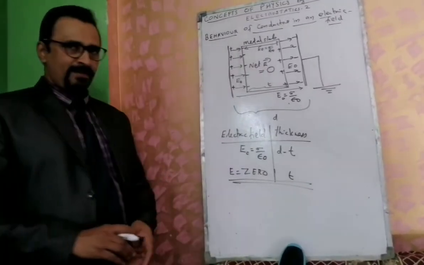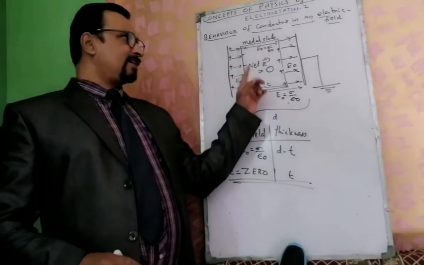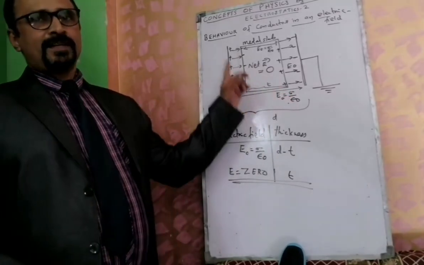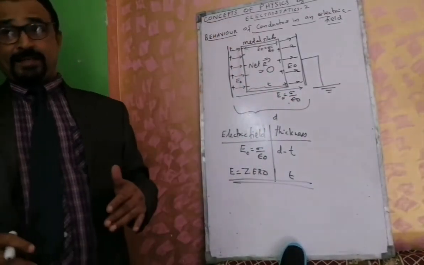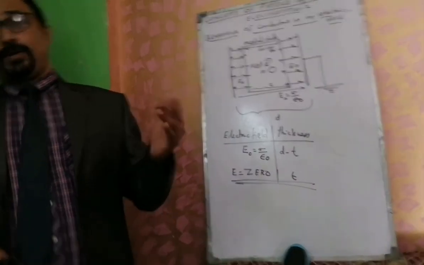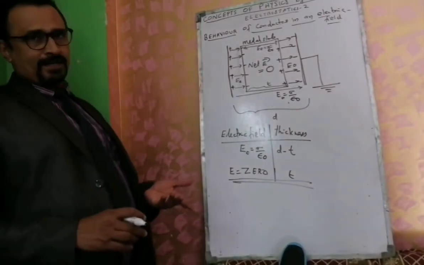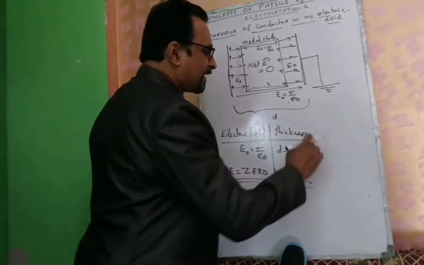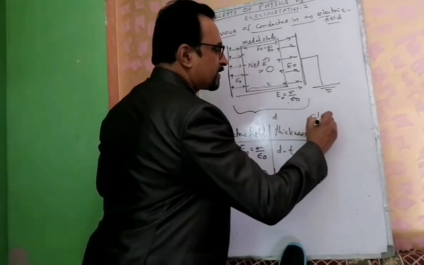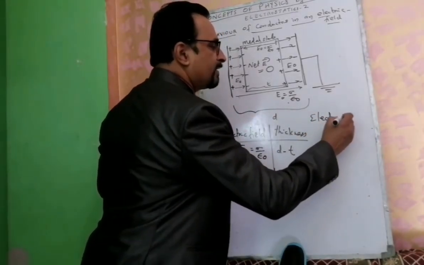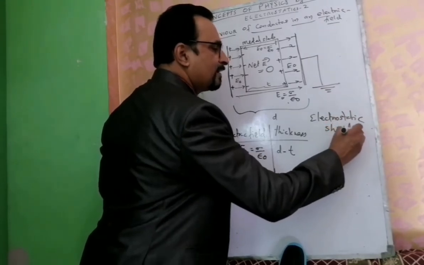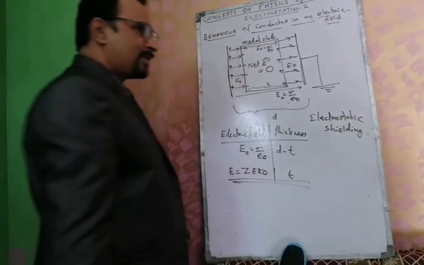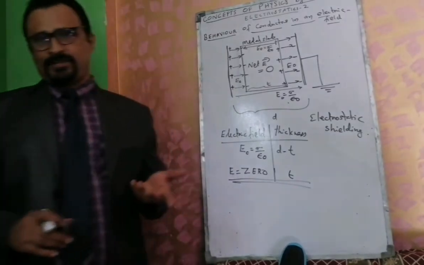So what is the summary? If a conductor is placed in an electric field, how much electric field is there inside the conductor? There is 0 electric field inside the conductor. This idea can be used to explain electrostatic shielding. Shielding means protecting.